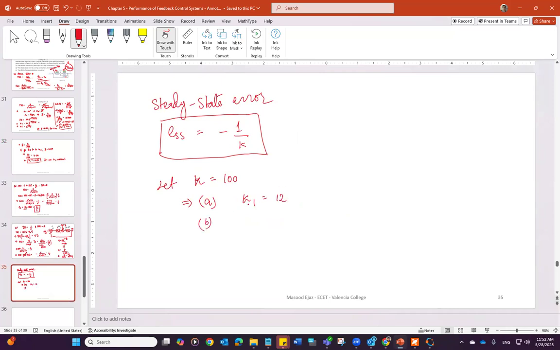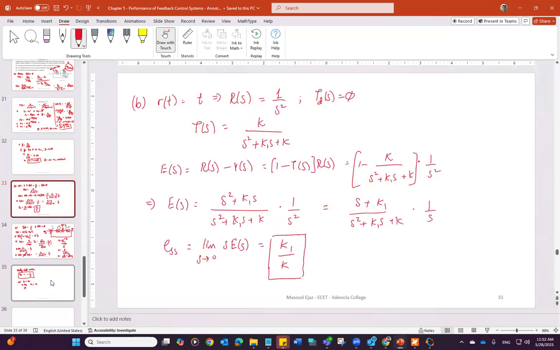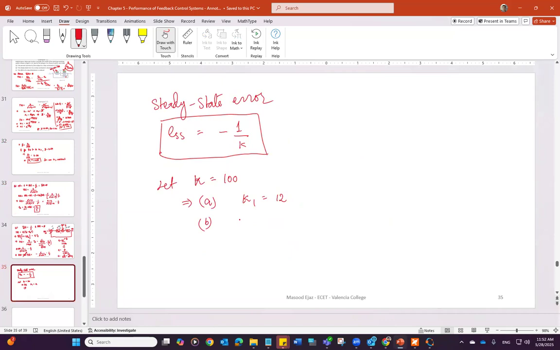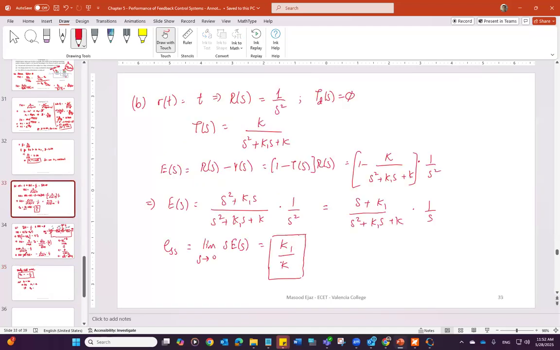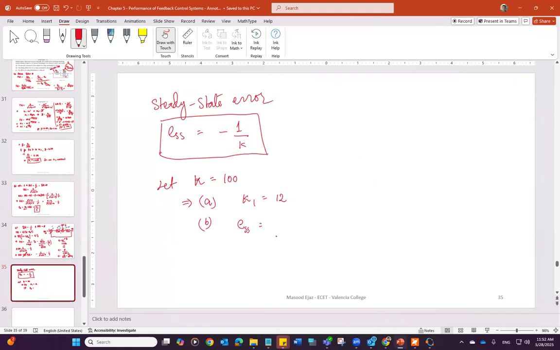And from B, if we keep K1 to be 12, then from B we will have 12 over 100. So steady state error is going to be 12 over 100, so 0.12, 12%. And this is for peak overshoot of 10%, remember.